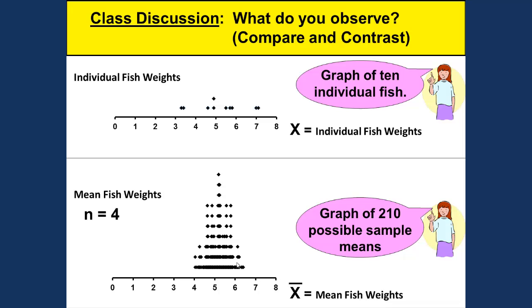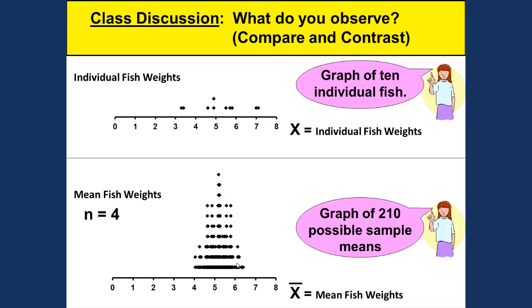So the first graph is a graph of the 10 individual fish. The second graph is the graph where the sample size is 4 and it's the mean of each of those samples, all 210 possible samples of size 4. Notice, what do we observe about the two different graphs?